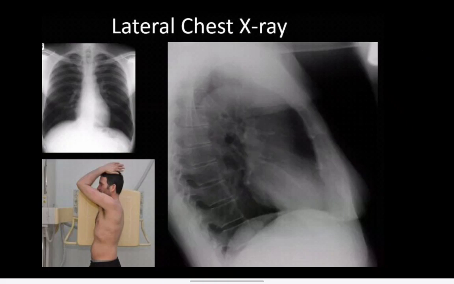And his hands or arms are raised up, because if he put his hands on each side, it can obscure the lung fields bilaterally. So this is a lateral chest radiograph.